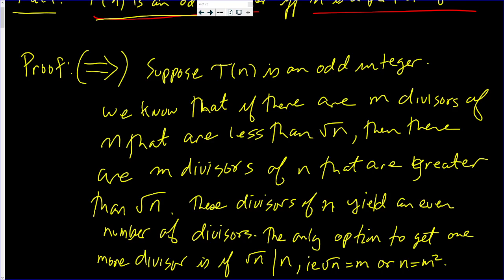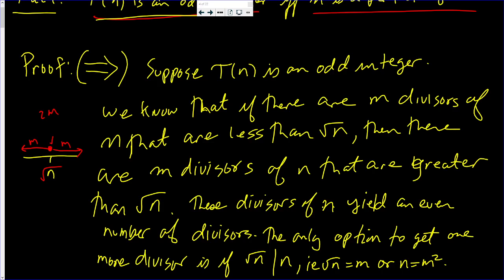Okay, why can't you get 3 more divisors? Because there are 3 types of numbers that we're interested in: numbers less than the square root of n, numbers bigger than the square root of n, and the square root of n itself. We have, say, m less than the square root of n. We have an equal amount bigger than the square root of n, and so far that's 2m.